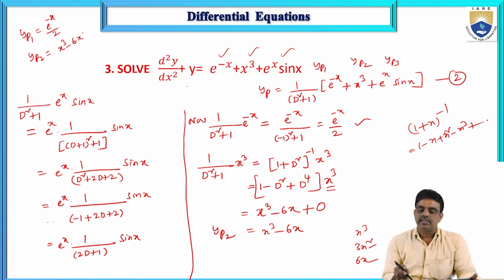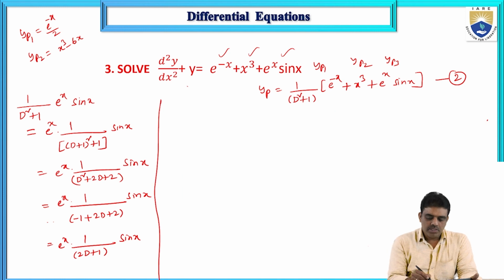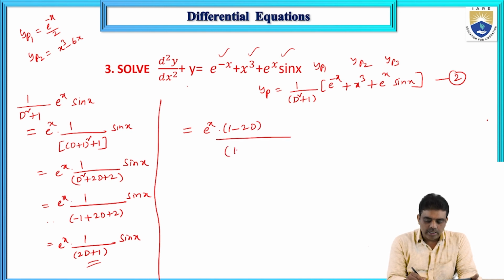So here I am erasing, that's why I have written here. So this is equal to e power x into 1 by 2D plus 1 of sin x. Clearly it is not a function of D square, so to make it a function of D square, I multiply and divide with 1 minus 2D. In the denominator, you will get 1 minus 4D square of sin x.